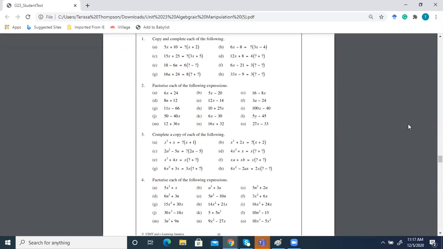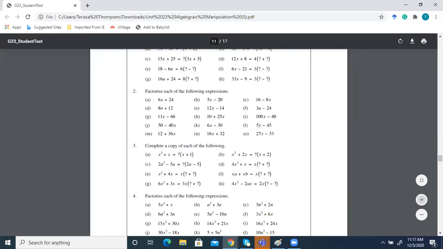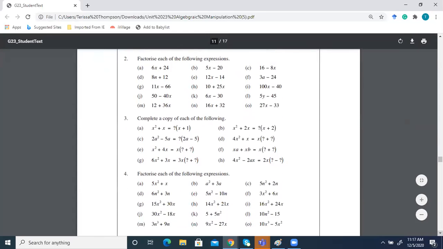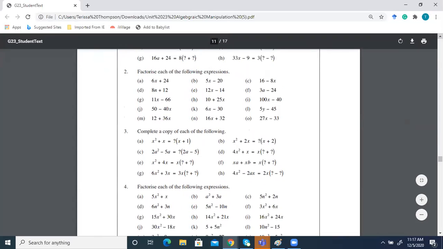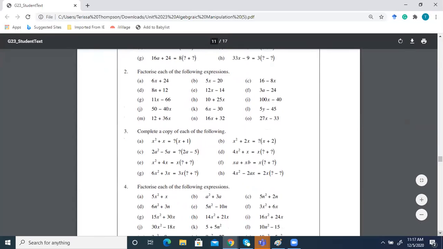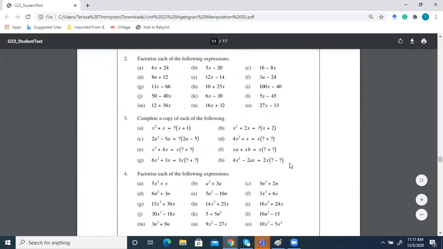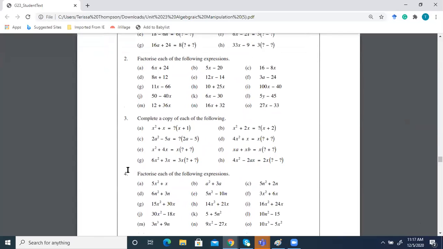All right, so I want you guys to do G to O. So number 5, G to O. Let me make that a little bigger. Number 2, J to O. And then now, I want you guys to do number 4, J to O as well.